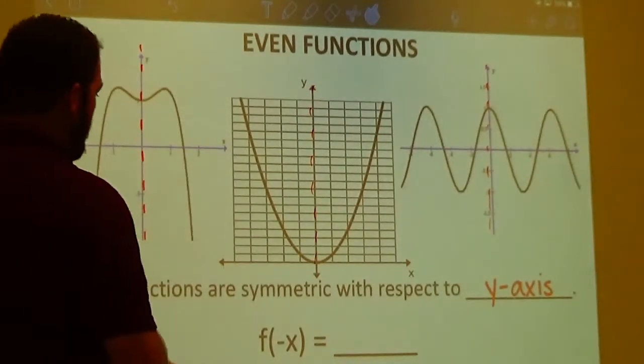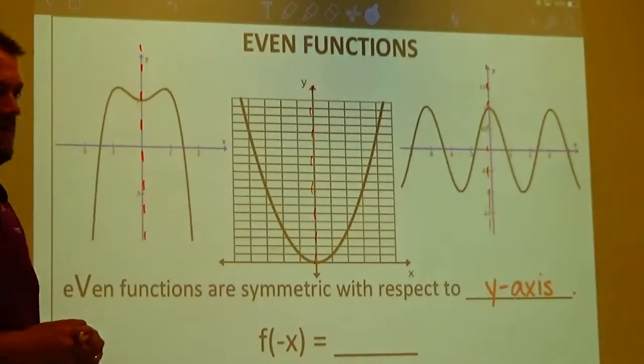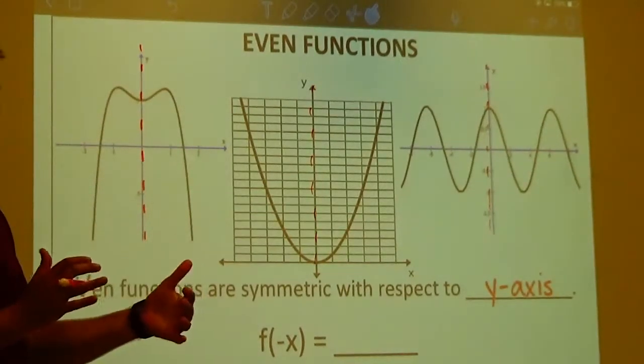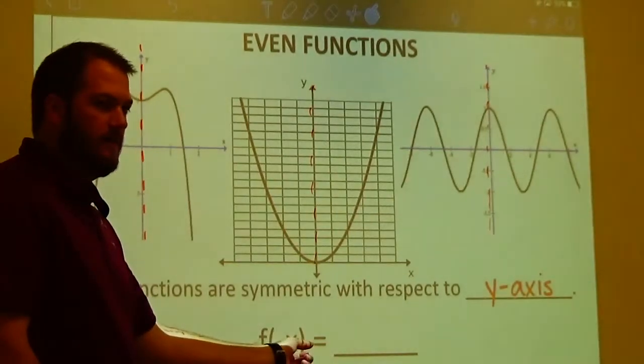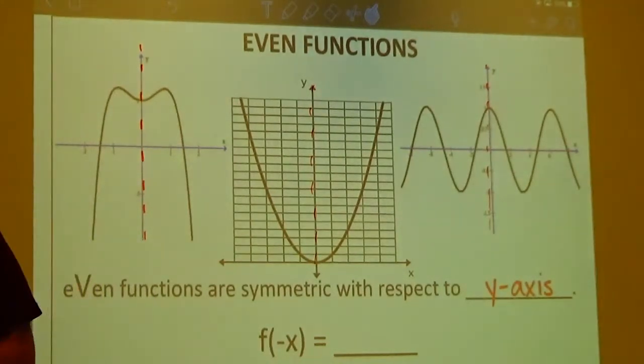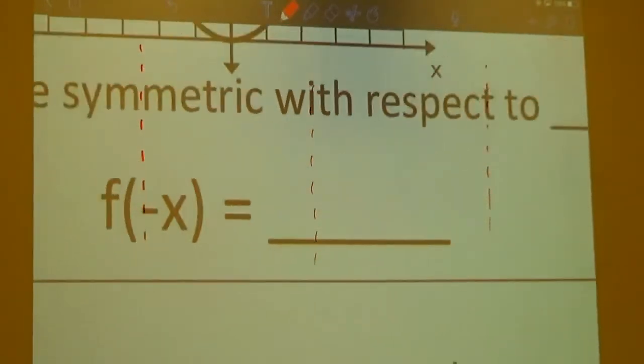If you want to tell if it's even algebraically, so if you have the equation of the function, I would take negative x and plug it into that function. What you get out would be the exact same thing. You would get out f of x.